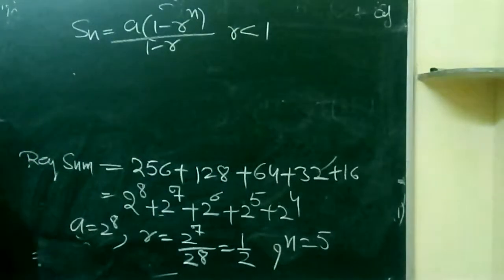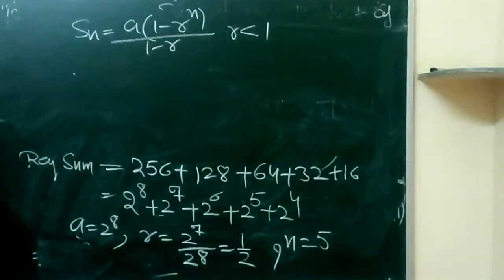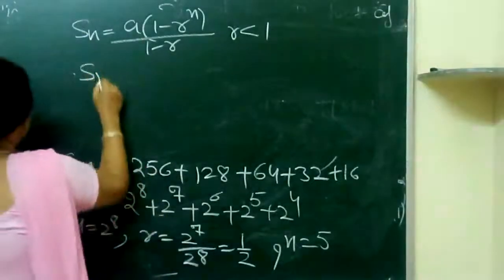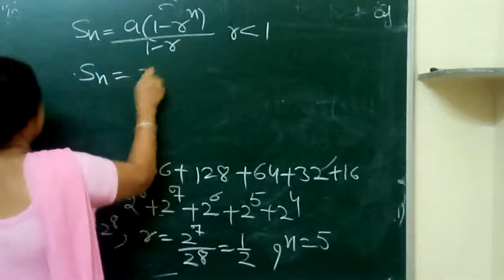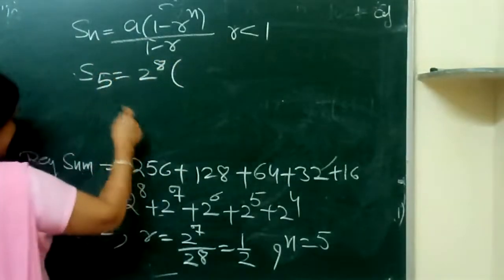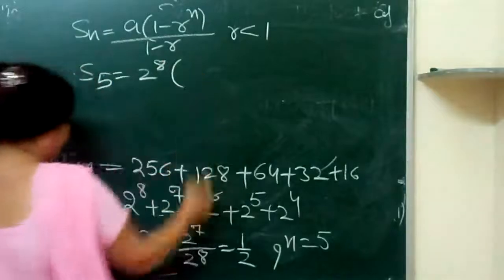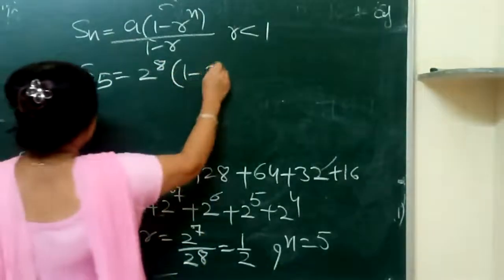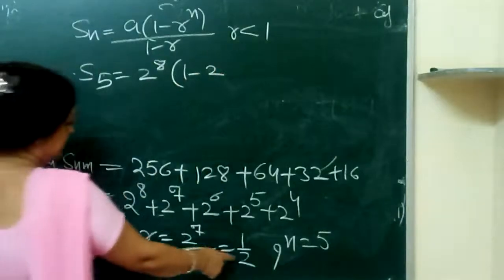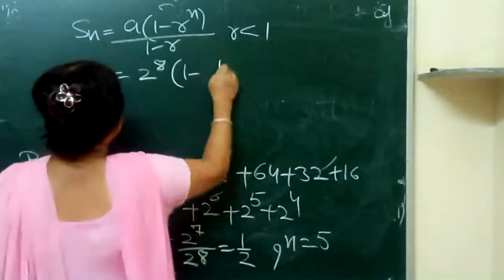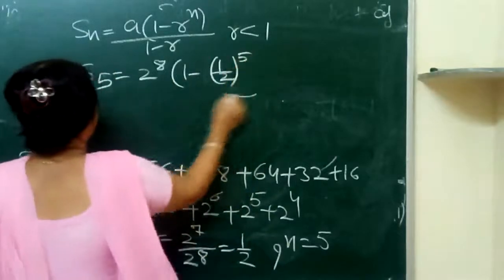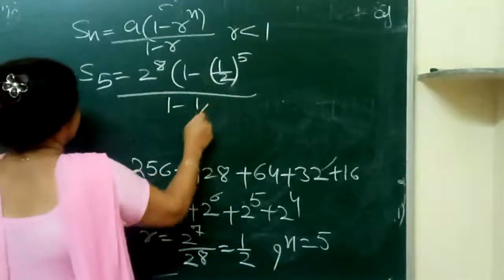We have to find out Sn. Now Sn equal to, what is A? 2 raised to power 8, number of terms are 5, S5 equal to 2 raised to power 8 into 1 minus R raised to power n. What is R here? 1 by 2 raised to power n, n is 5, upon 1 minus 1 by 2.